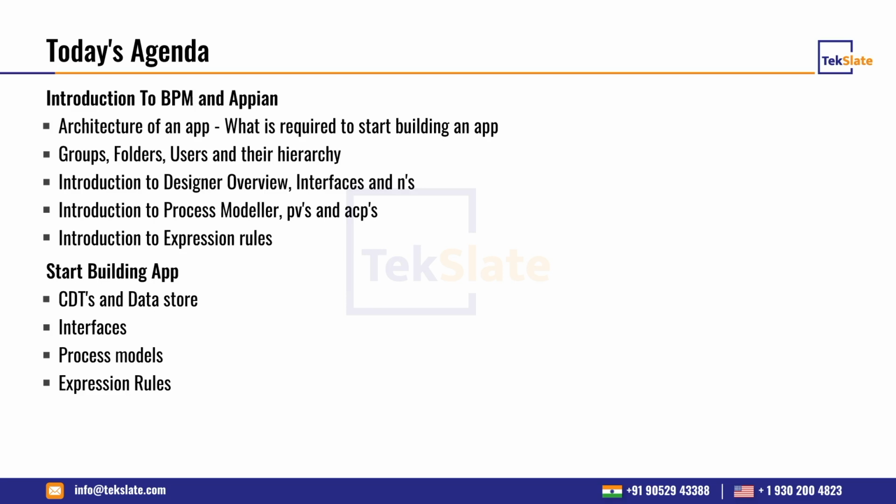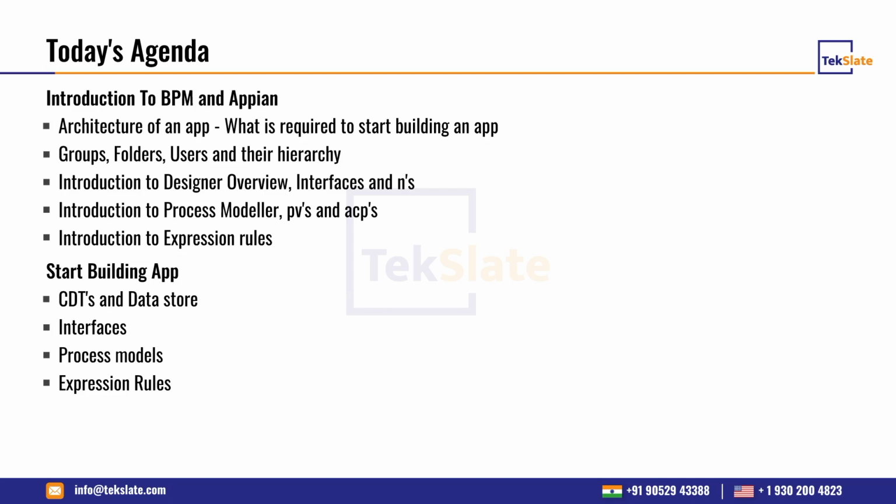What is a designer overview? What are the interfaces, process models, expression rules, records, sites? I'll be talking about all the introduction parts related to Appian. It will not be a deep dive into how things work together in action, but I'll be explaining the introduction of each one of them, giving some screenshots.